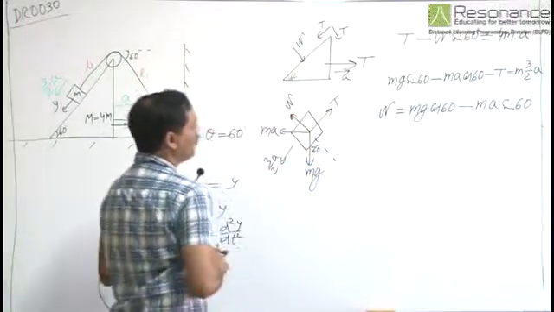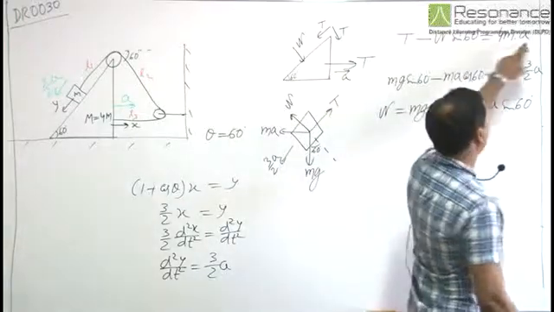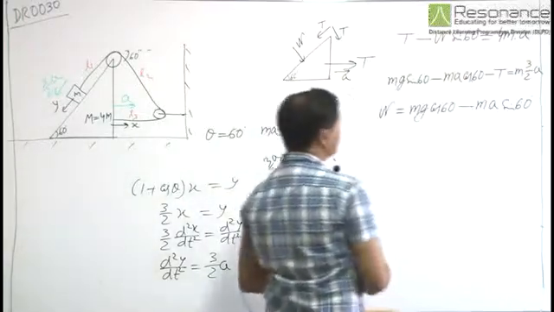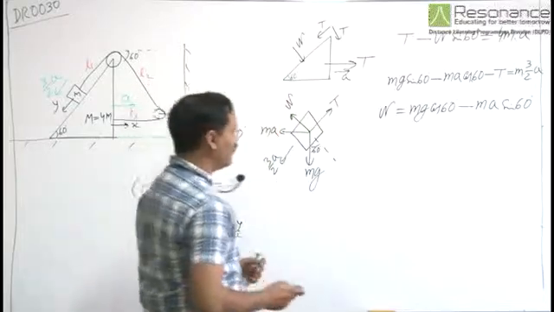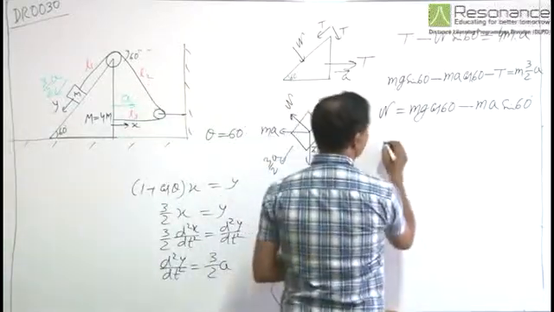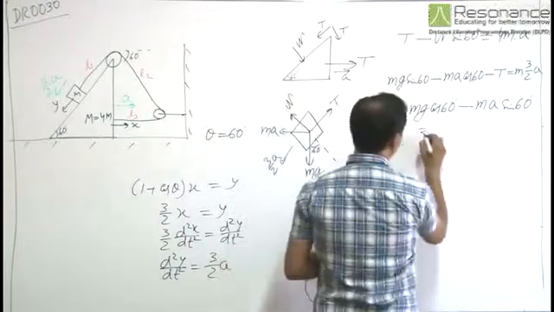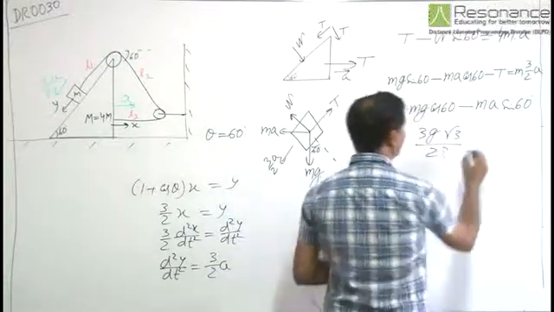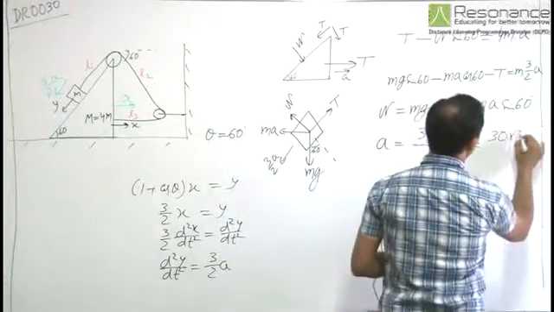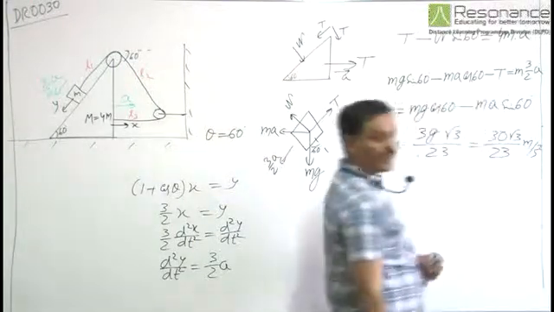So now we have three equations and three unknowns T, N and a. Solving these equations, eliminating T and N, we can find the acceleration a to be equal to 3g root 3 by 23, or 30 root 3 by 23 meter per second square.